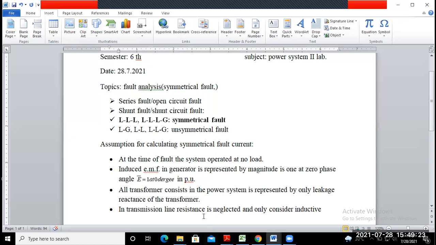Line resistance and series capacitance may also be neglected. Okay. So only consider the transmission line parameter, inductive reactance.